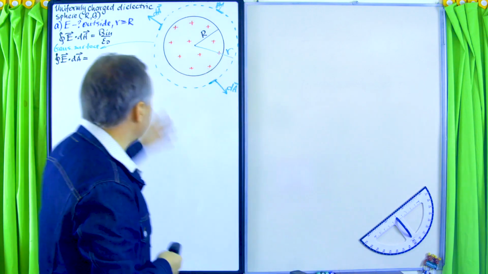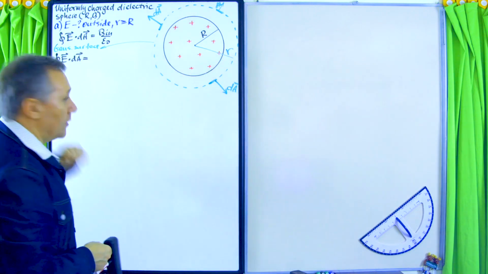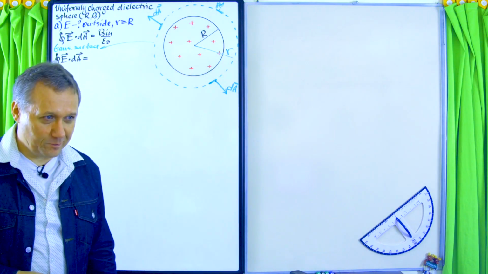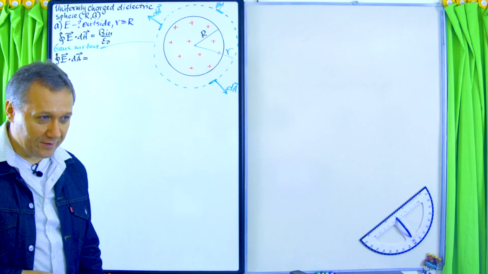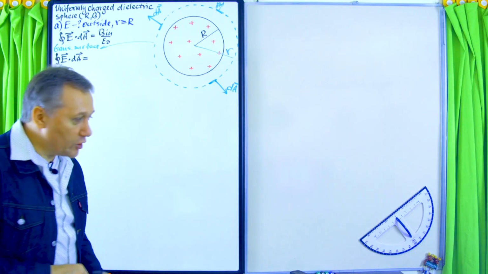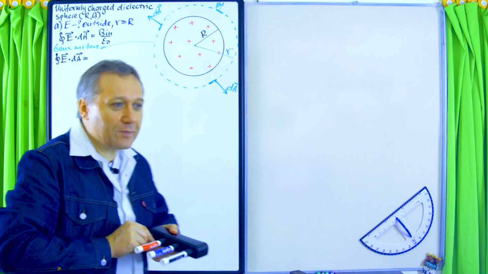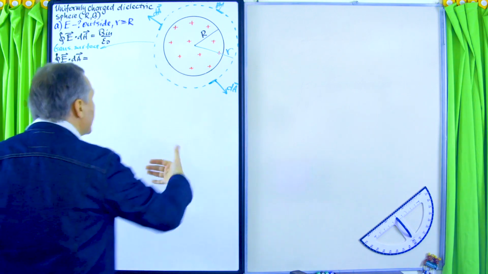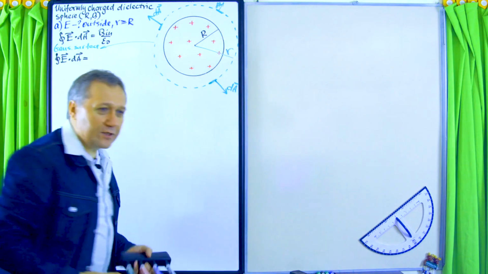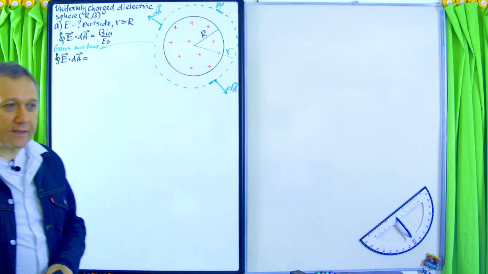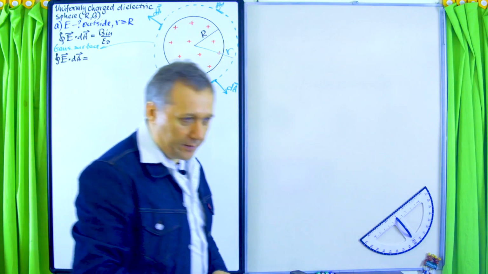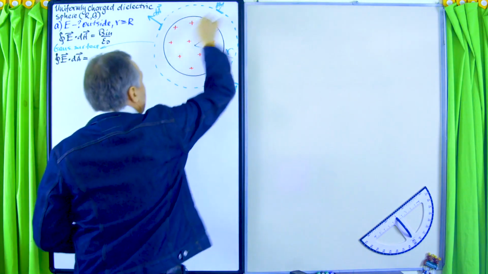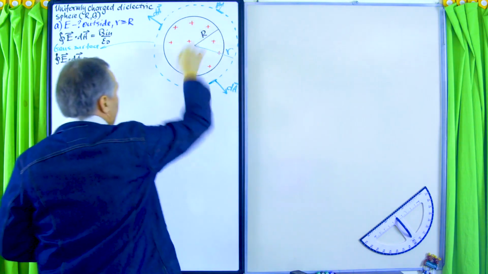Okay, so now we see the direction of dA. Now, what about the electric field vector? What's the direction of the electric field vector? Usually books say something like this: it's obvious because of the spherical distribution of charge that the electric field will be radial. Basically, radial means like this way, right?